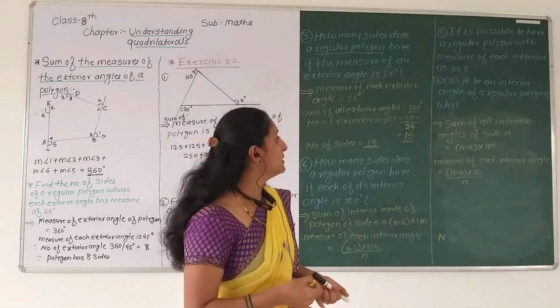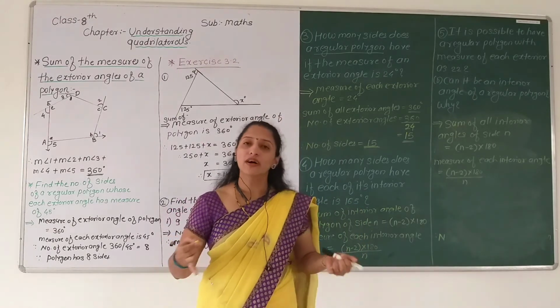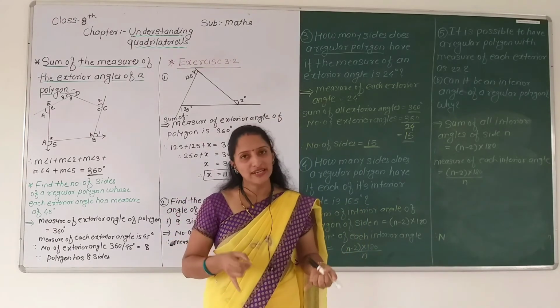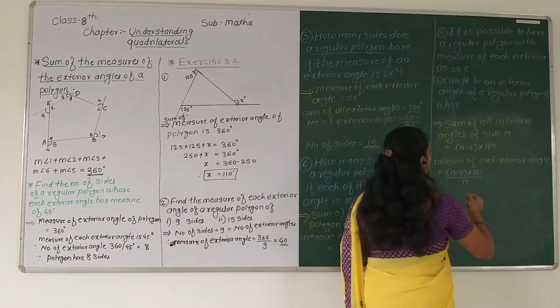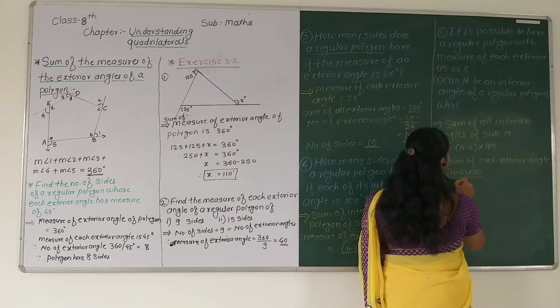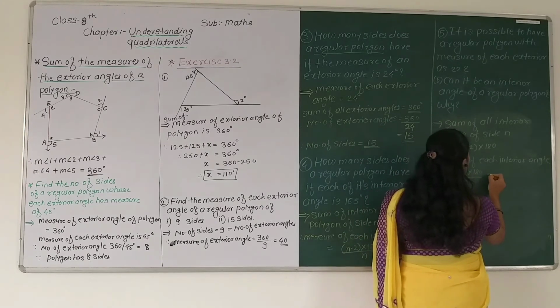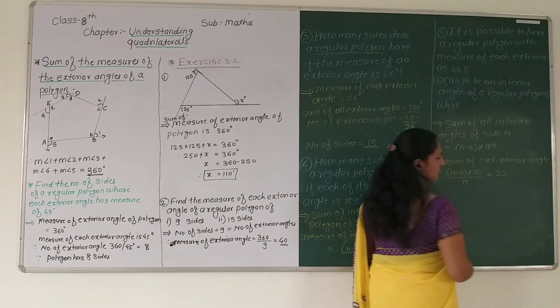If the measure is 22 degrees, can we form a regular polygon with interior angle 22 degrees? So we set (n minus 2) into 180 divided by n equal to 22.